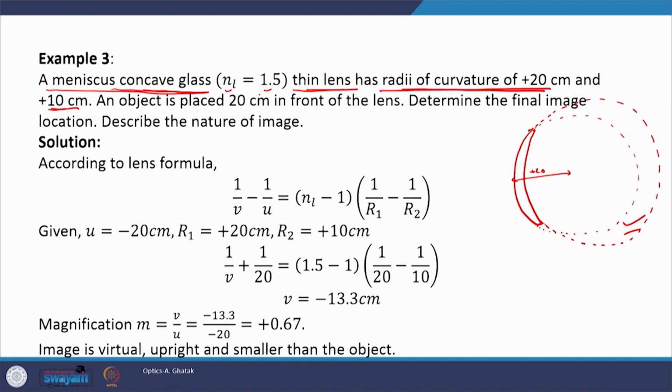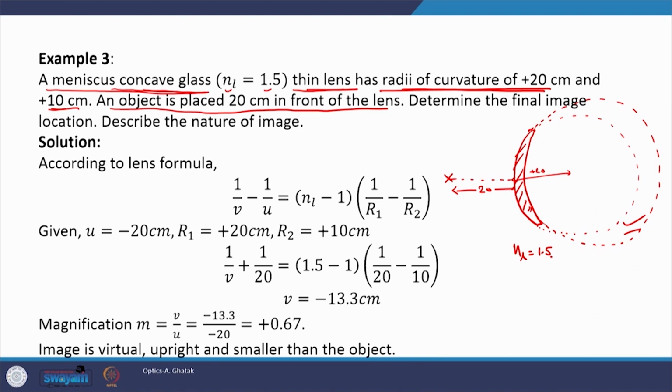And the refractive index of the glass material is 1.5. Now, the question is, an object is placed 20 centimeter in front of the lens. This is the axis and the object is placed 20 centimeter in front of the lens. Now, determine the final image location and describe the nature of the image. This is what is being asked.